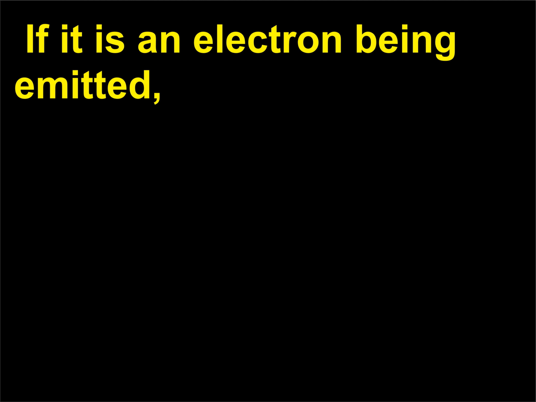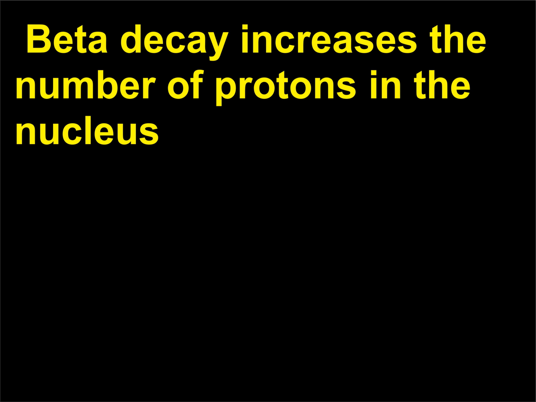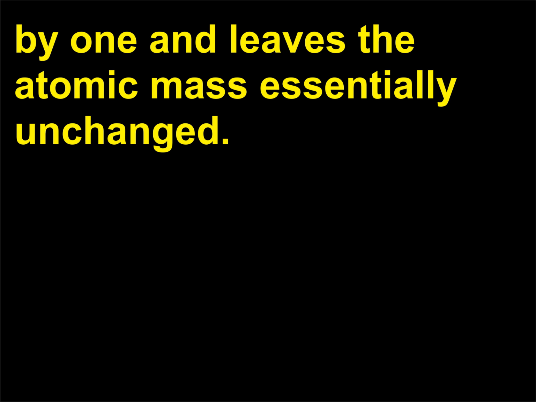If it is an electron being emitted, one of the neutrons in the nucleus must become a proton to conserve charge in the process. Beta decay increases the number of protons in the nucleus by 1 and leaves the atomic mass essentially unchanged.